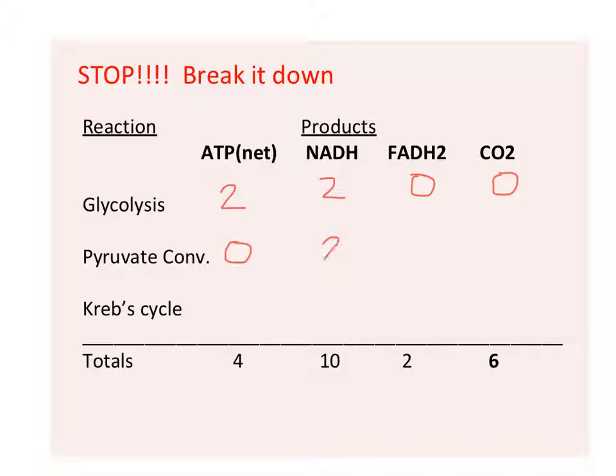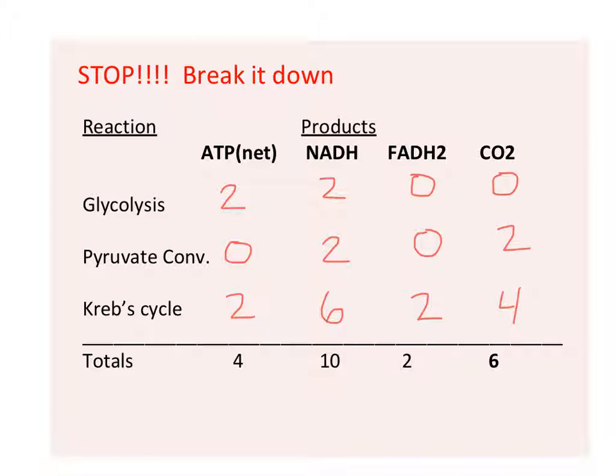We got 2 NADHs. We got no FADH2s, and we got 2 CO2s, 2 carbon dioxides. Now in the Krebs or citric acid cycle, we made 2 more ATPs. We made 6 total NADHs. We made 2 FADH2s, and going around twice with both acetyl-CoAs, we made 4 carbon dioxide molecules.